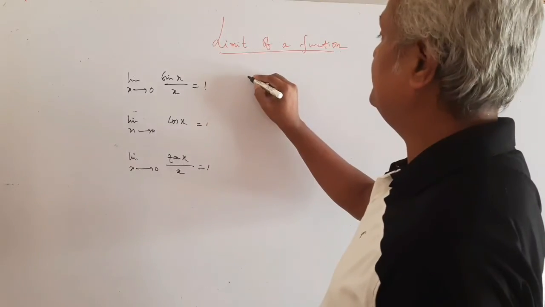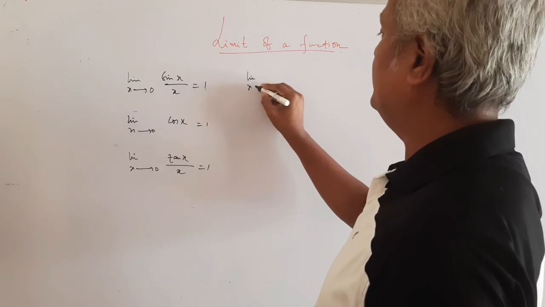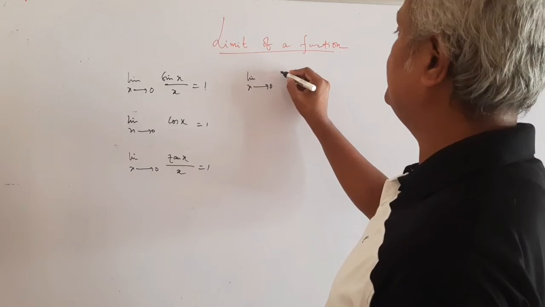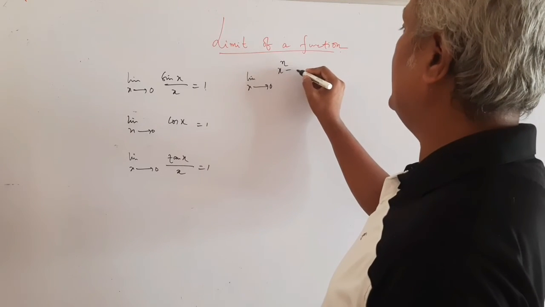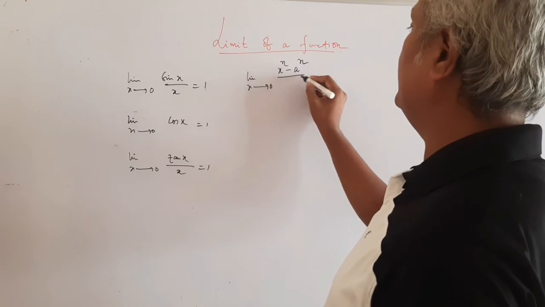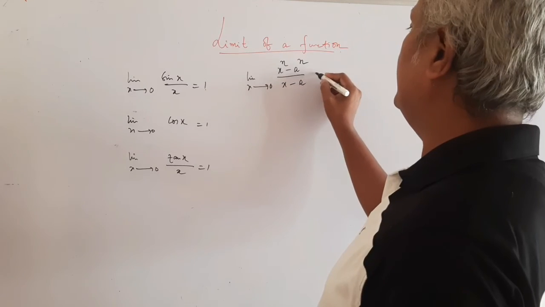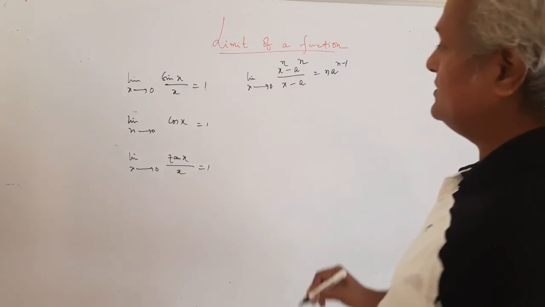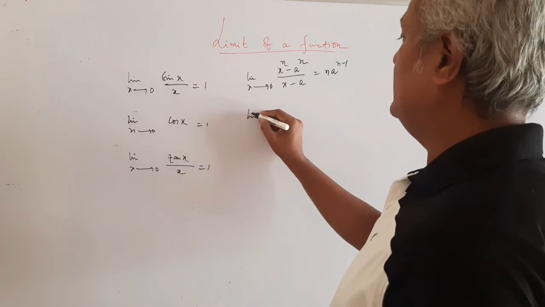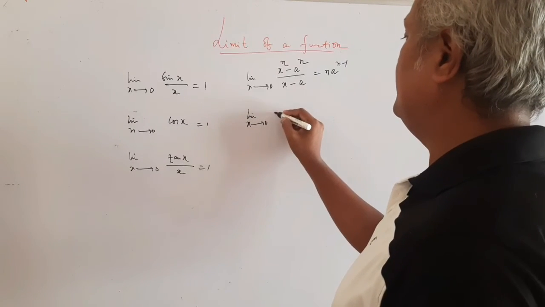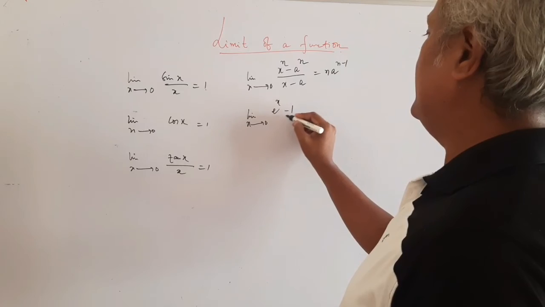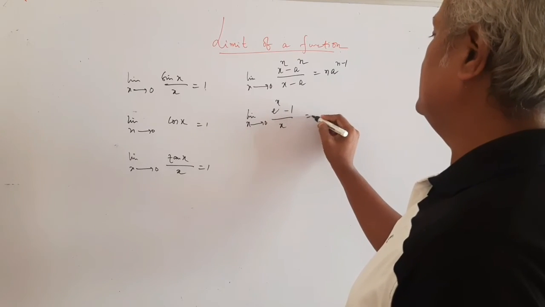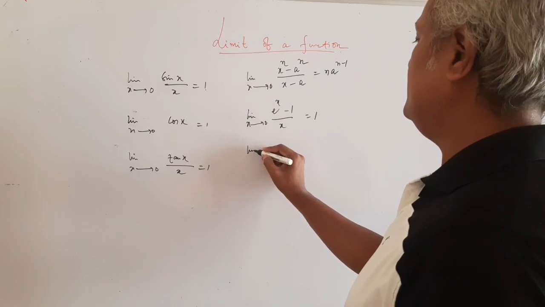Then we have limit x tends to a, x to the power n minus a to the power n upon x minus a is n a to the power n minus 1. Limit x tends to 0, e to the power x minus 1 upon x is 1.